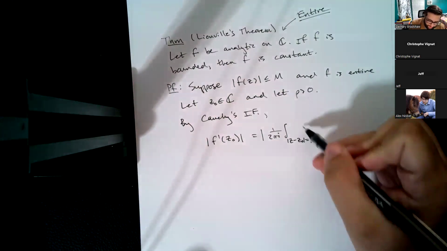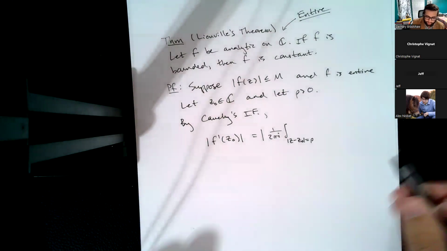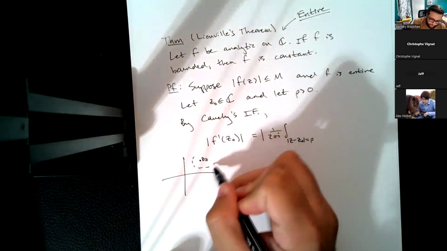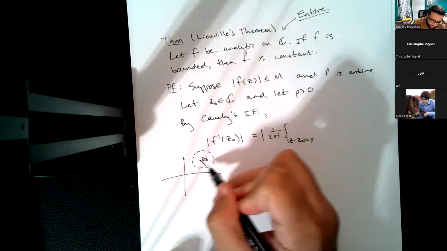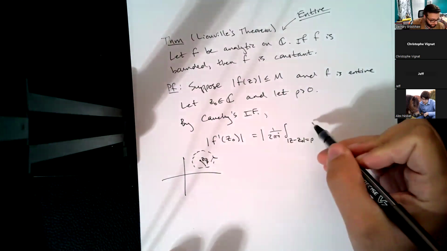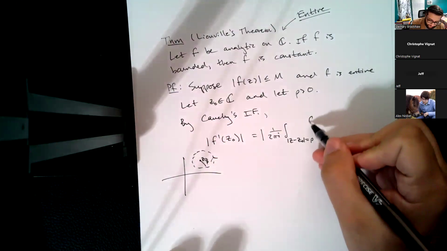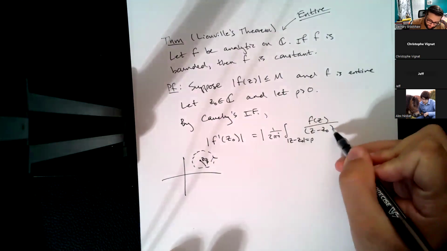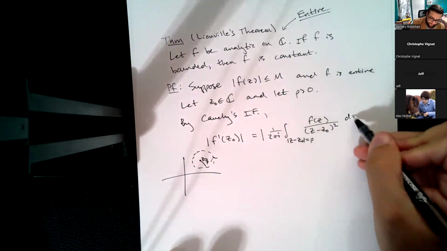It's 1 over 2 pi i times the integral around the circle. Let's draw a picture. Here's z0. We have a circle of radius rho, and we're integrating around this: f of z over (z minus z0) squared dz.